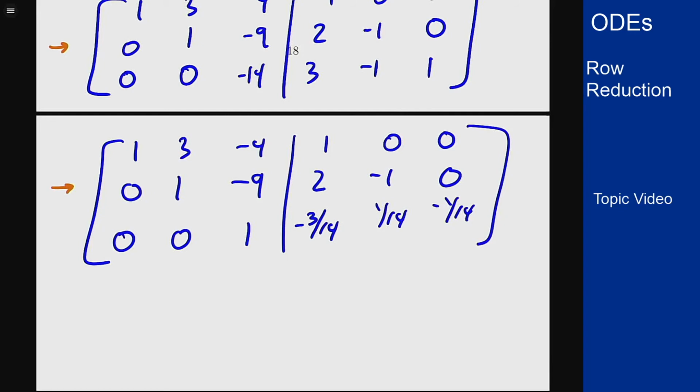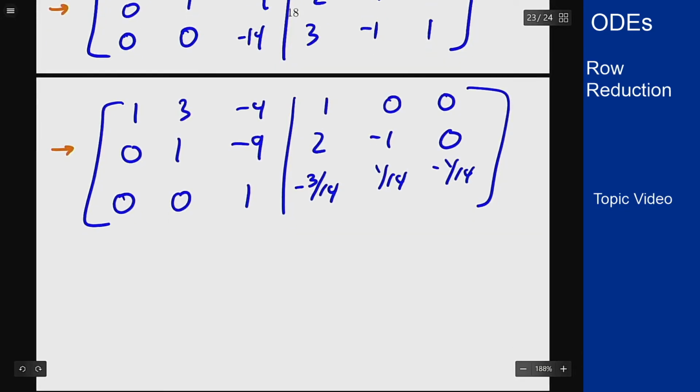And now, since we need to get to reduced row echelon form, or the identity matrix on the left, we need to back solve up and get rid of these numbers that are above the pivot 1s. So I can now use the last row, this 1, to cancel out this 9 and this 4. So now the bottom row stays the same.